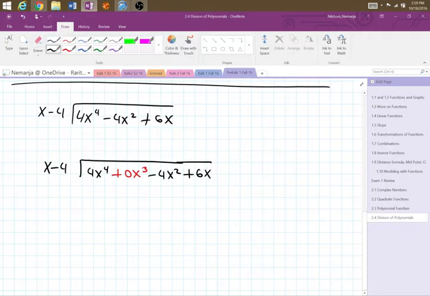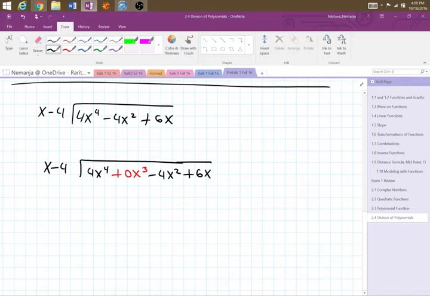So that's the one. Why 0x cubed and not regular x cubed? Because there are no x cubes. 0 times, right? If you just put x cubed, then that's 1 times x cubed. But in this case, there's no x cubed, which means 0 times.